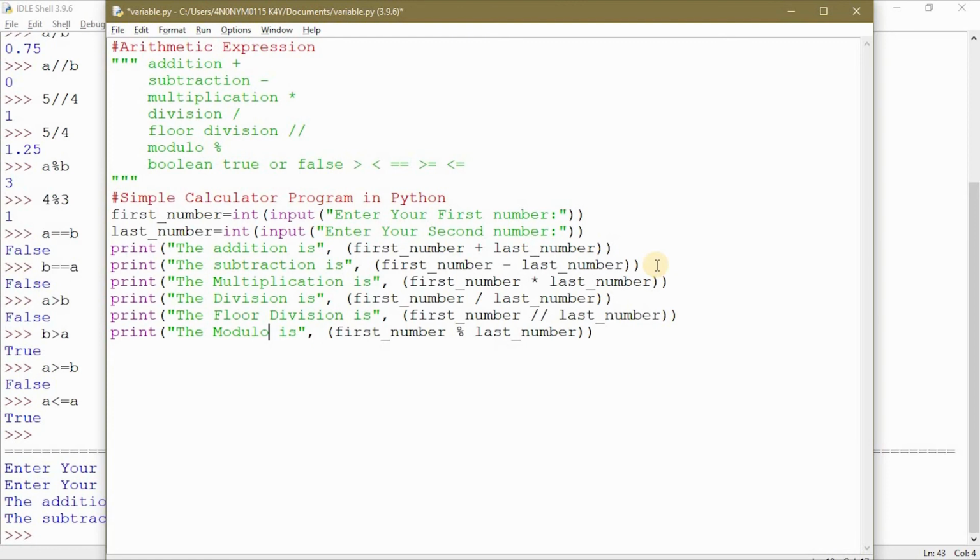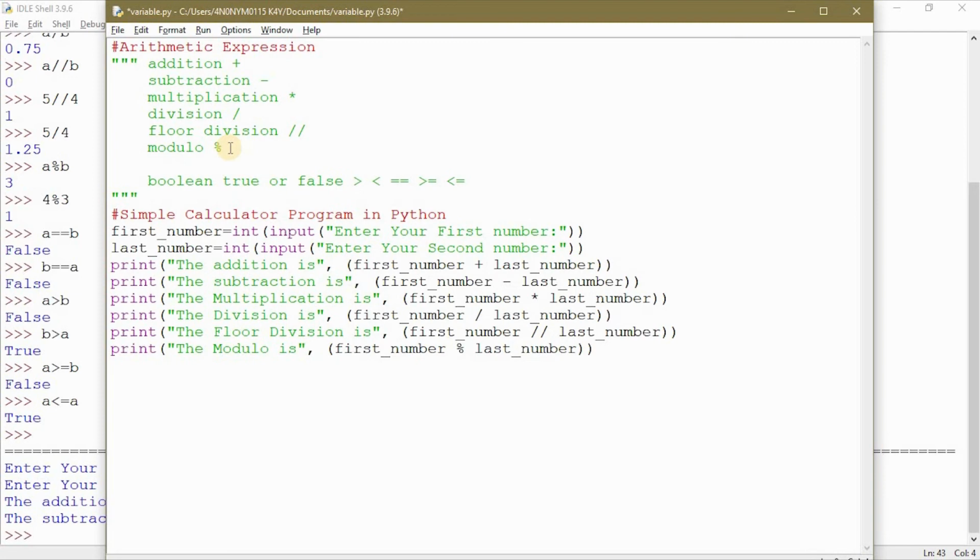And then the last one I want us to also add is the power, which is the double asterisk.